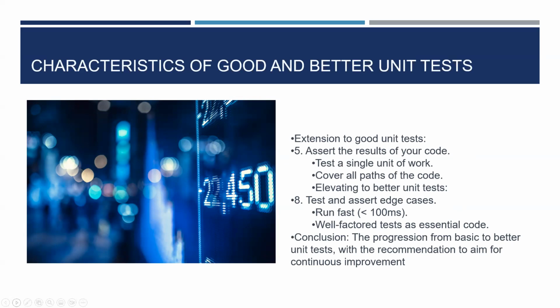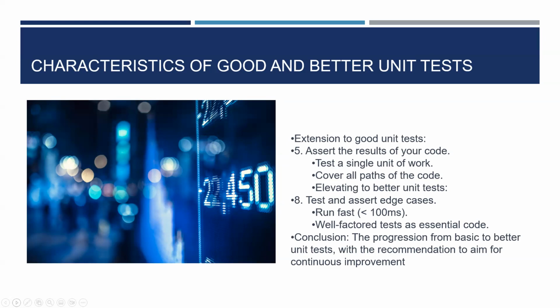Characteristics of good and better unit tests. Elevating our understanding, we progress to the characteristics of good and better testing. Good unit tests not only adhere to the basics, but also assert results, test a single unit of work, and cover all paths of the code.